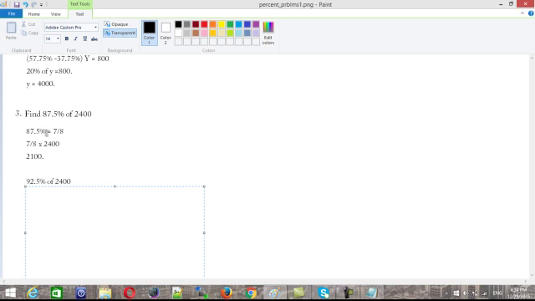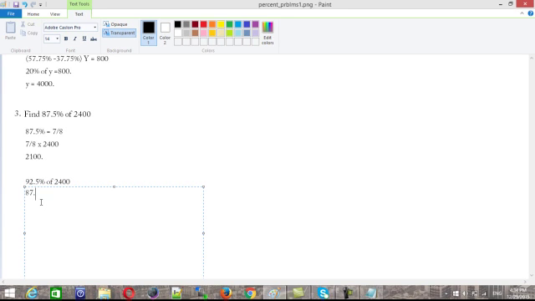For example, 87.5% can be converted as a fraction, that is 7 by 8, and also it is near to 92.5%. Then we will write this 92.5% as 87.5% plus 5%. So 87.5% plus 5% is nothing but 92.5%.